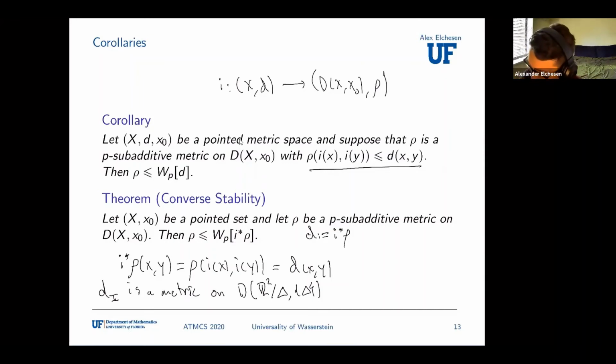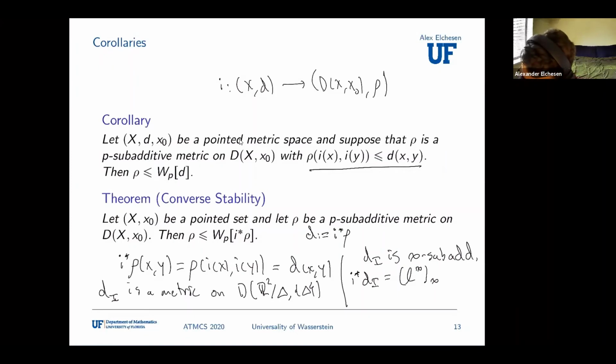And then it's straightforward to check that d_I is infinity-subadditive, and I star of d_I is equal to, so it's L infinity, but it's the quotient version, right? So we do L infinity, but we quotient out by the diagonal, so we get this quotient version of L infinity.